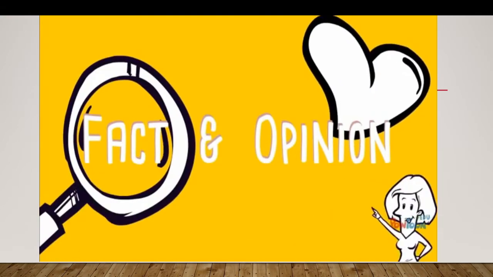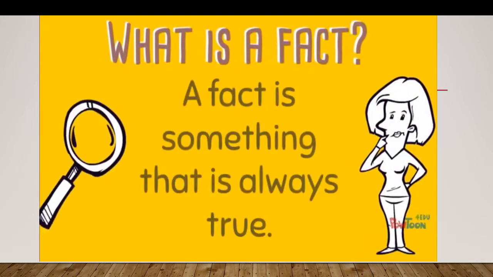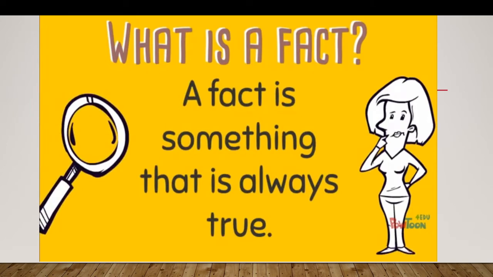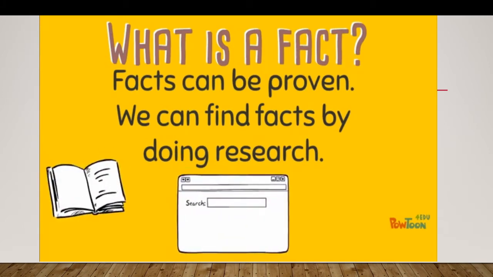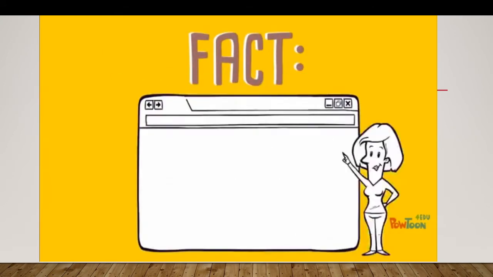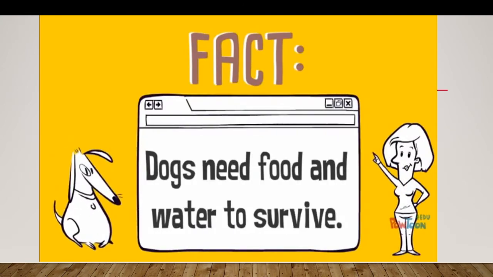Fact and opinion. What is a fact? A fact is something that is always true. Facts can be proven. We can find facts by doing research in books, on the internet, or we could even do research of our own. Here's an example of a fact. Dogs need food and water to survive. This is always true.